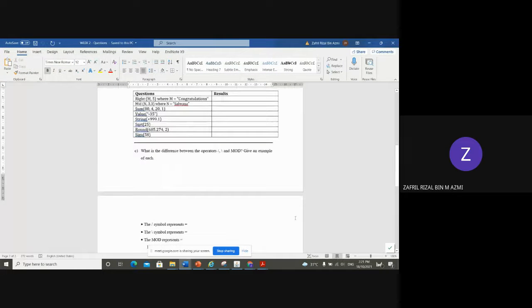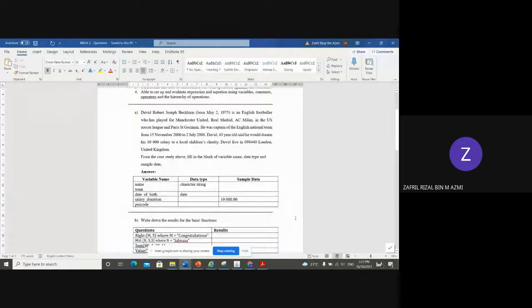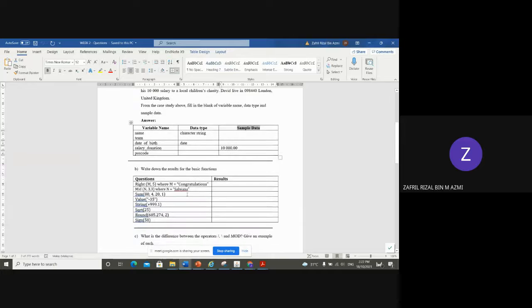Banyak sikit, so this covers all the contents of chapter 2 lah. There's a case study, and then you need to identify the data type and give one sample for each of the variable, and then you need to come up with the result of using the specific function.